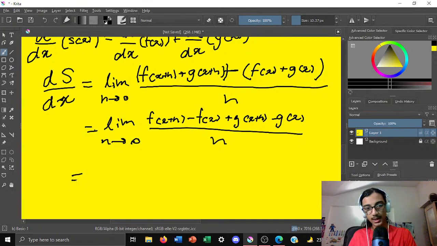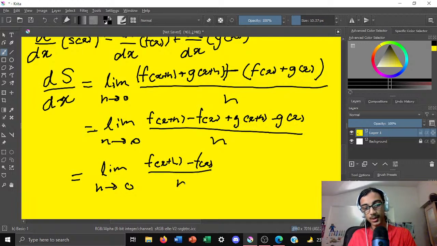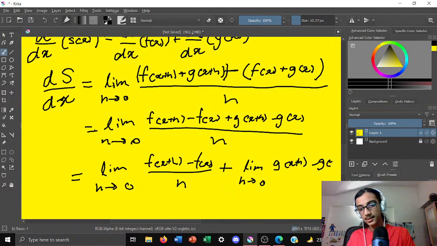So the point is, you can rewrite this as the limit as h approaches 0 of f of x plus h minus f of x divided by h, plus, once again we split the limit using the limit sum rule, the limit as h approaches 0 of g of x plus h minus g of x over h.